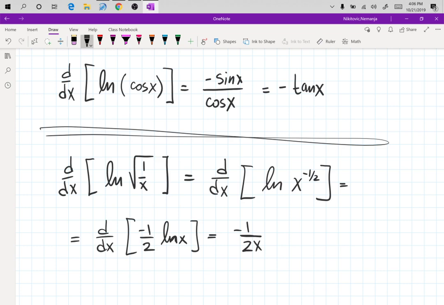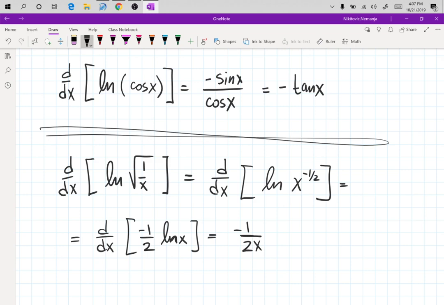The next one is the one with division. Ln of x over y is ln of x minus ln of y. And the third one, the one that I used here, is ln of x to the p is p ln x.